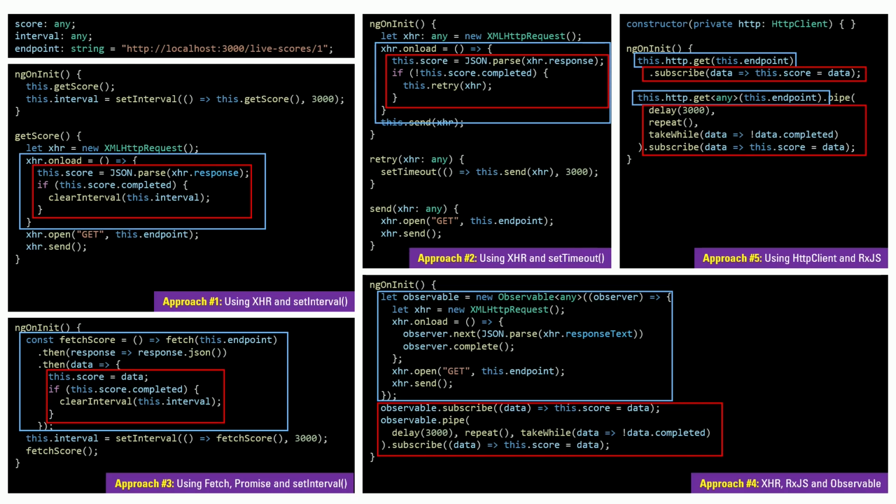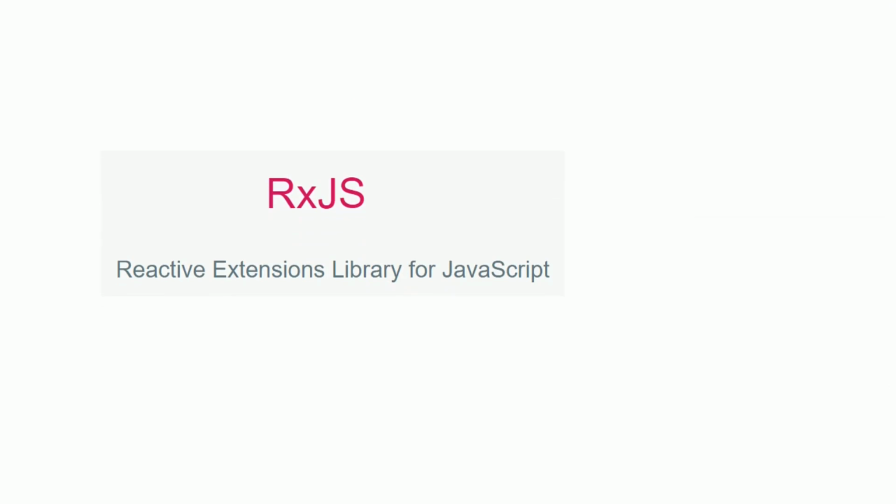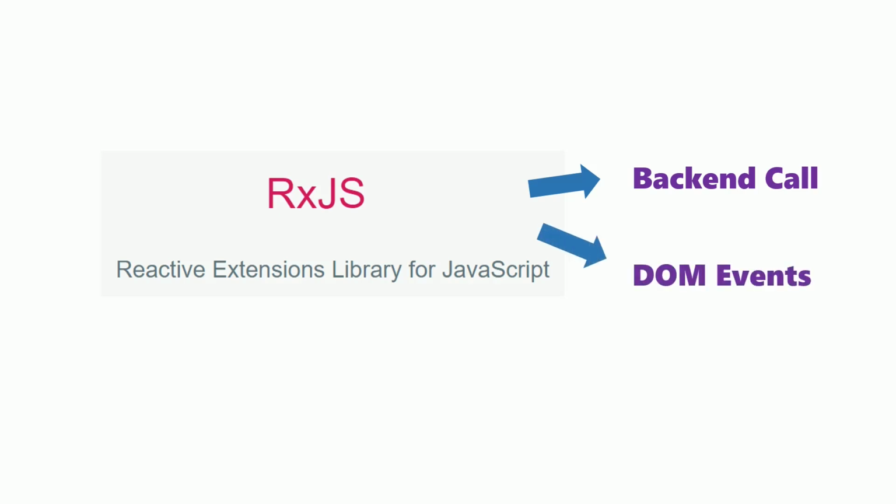One more important point is that based on the example provided in this video, we should not conclude that RxJS is applicable only when we make backend calls. Asynchronous behavior and callback functions are involved when handling DOM events, hence RxJS can also be applied in these scenarios as well.